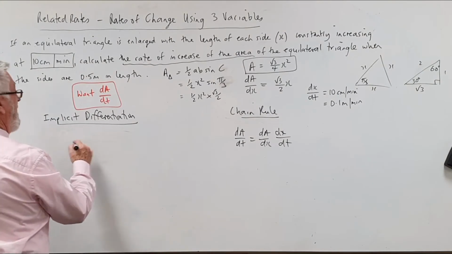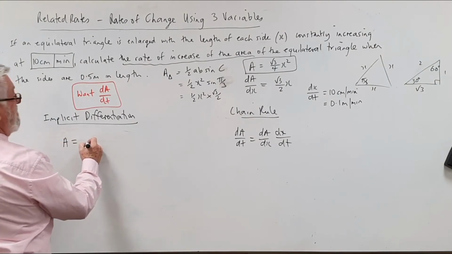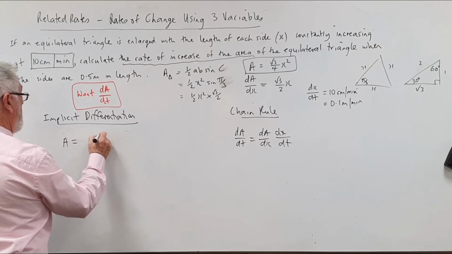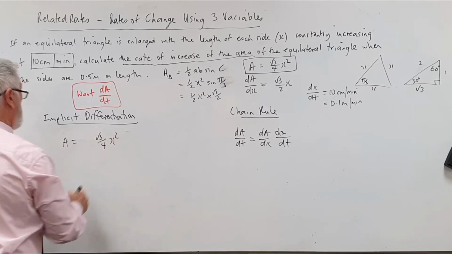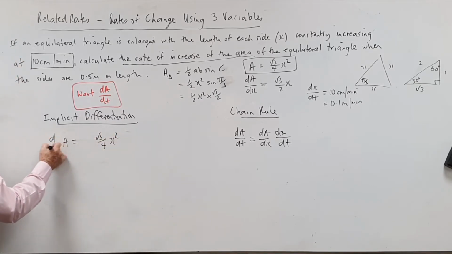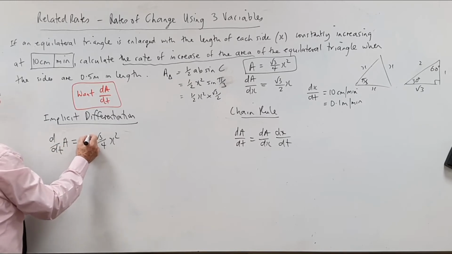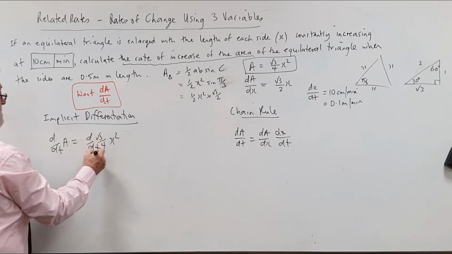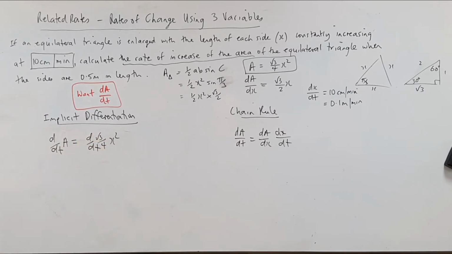So what do I want? I've got A is, make sure I get it right, root 3 on 4 x squared, leave some space. If I said I want to differentiate them using time, why are we doing time? Because most things are time, but not everything, but most things we're going to do are going to be time. Do you just see that in your head? Just the dA dt? Definitely, absolutely.